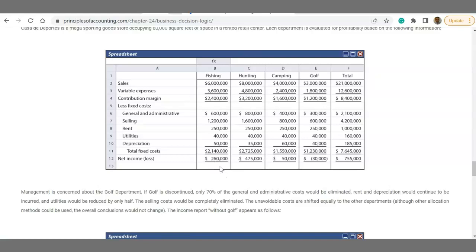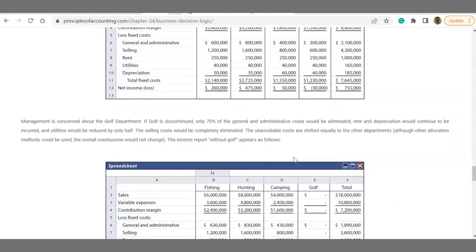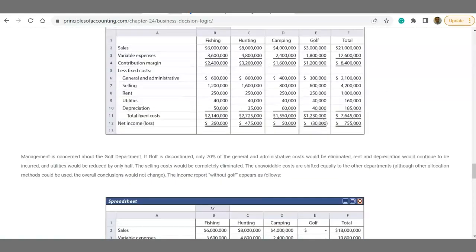Net income for fishing is positive, for hunting is positive, for camping is positive. For golf it is negative. So here you see golf looks a little bit like a loser, $30,000. Okay, so keep that in mind. For now, you see golf is kind of an issue.